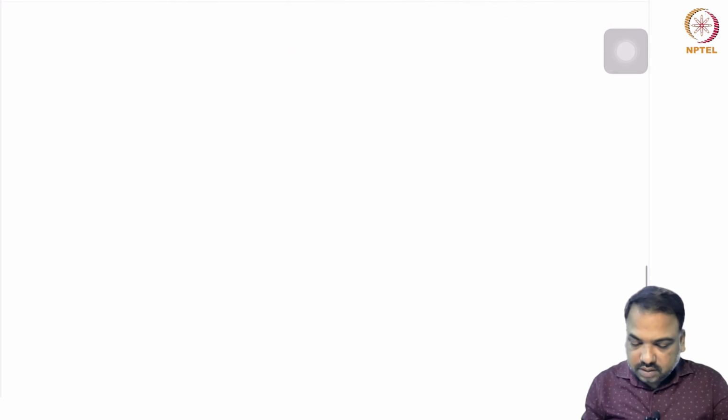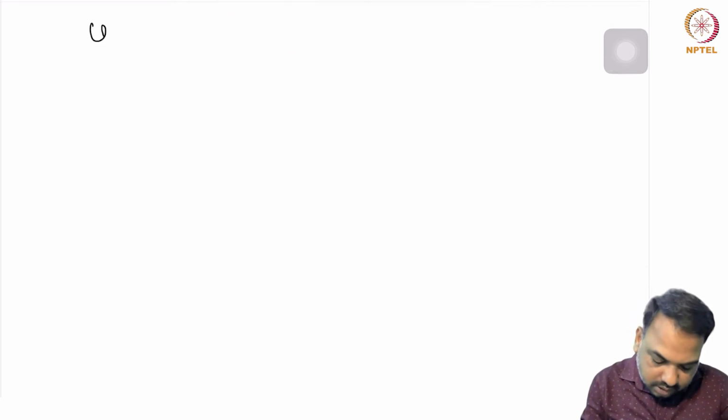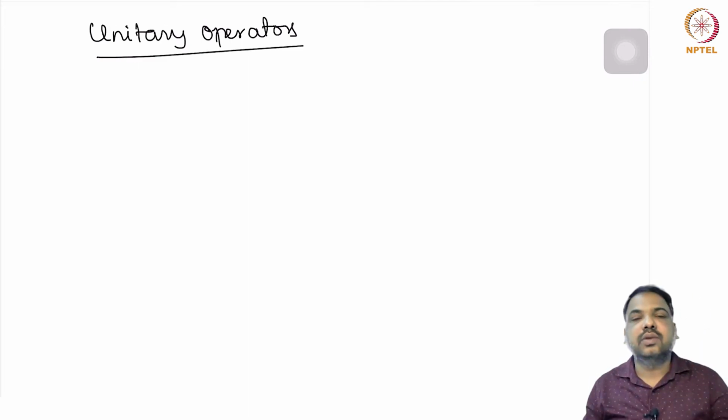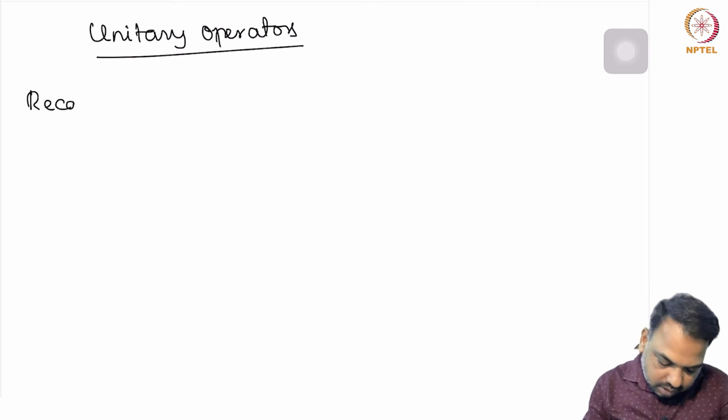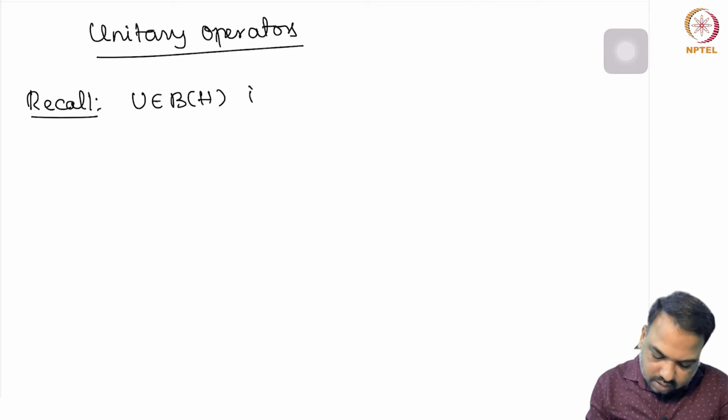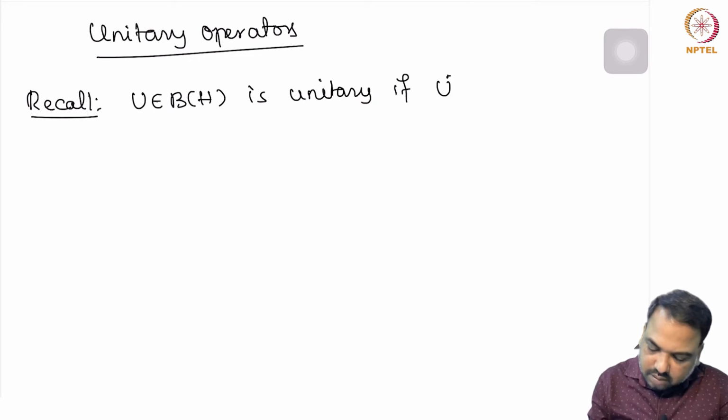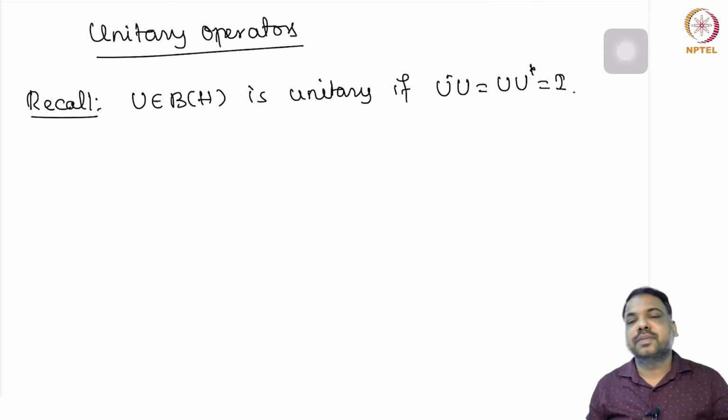Okay, so next we want to discuss unitary operators. We have already given one example of a unitary operator, which is the bilateral shift operator on L2(Z). Now we want to characterize unitary operators. So recall U in B(H) is unitary if U*U equals UU* equals identity.